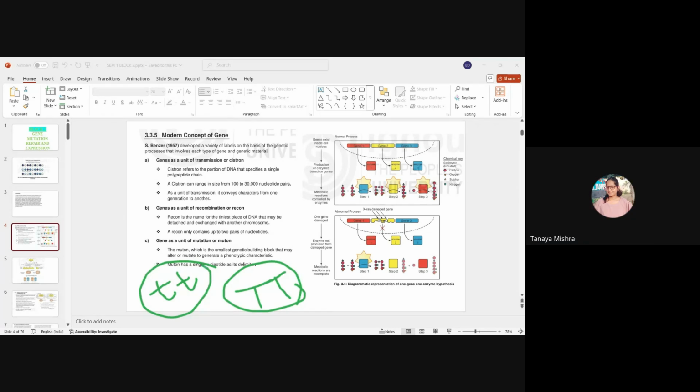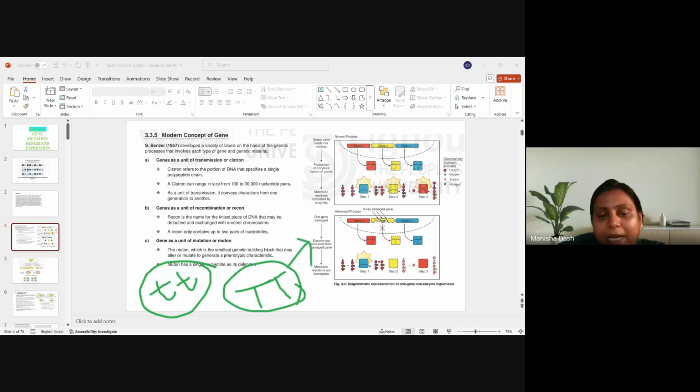Dwarf. Okay. Now, if you grow this tall plant in an area where there is no nutrition, no sunlight, nothing, although it has a tall genotype to express a tall phenotype, still the plant will appear dwarf. So genetically it will be normal, but phenotypically it will be dwarf because it does not have adequate nutrition, sunlight, or the factor that will help it attain the maximum height.